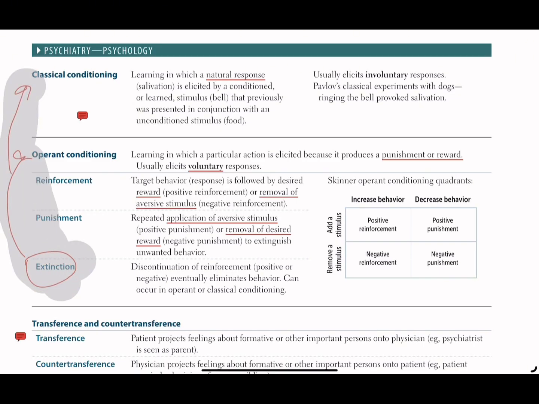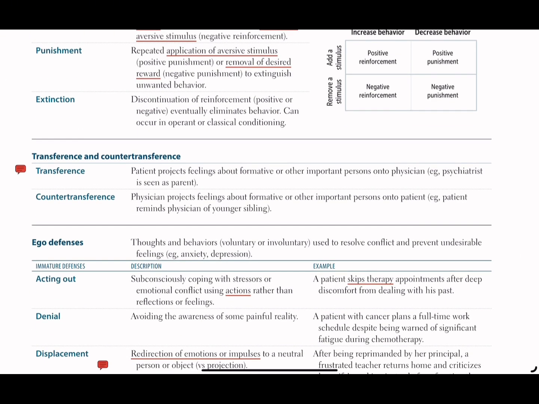Then transference and counter-transference. Transference: the patient projects feelings about formative or other important persons onto the physician. So transference is the patient onto the physician, and counter-transference is the physician onto the patient. For example, a patient comes to the hospital, and when the doctor asks what the problem is, he replies, "I know you want me to be perfect like all the other patients."